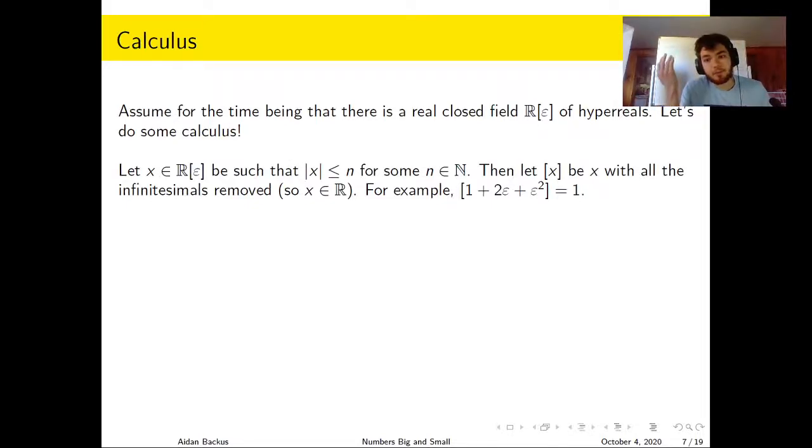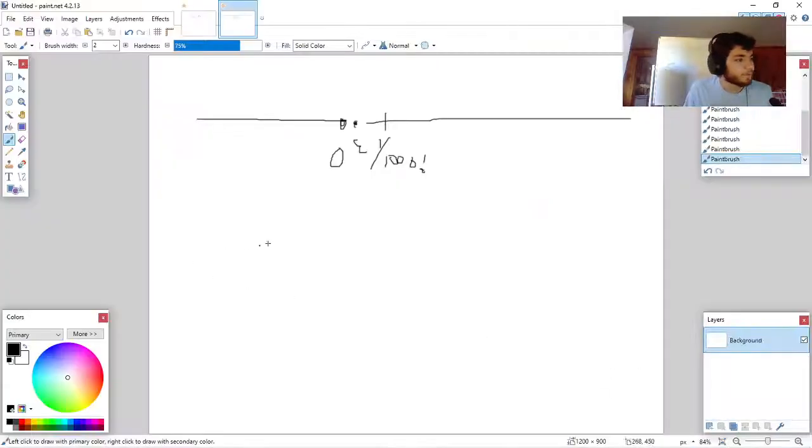Another problem with the hyperreal field is that there might be hyperreal numbers that are bigger than every natural number. The Archimedean property is second order. And in fact, if you start with epsilon, epsilon is less than 1 over n for any n. For all n, epsilon is less than 1 over n.